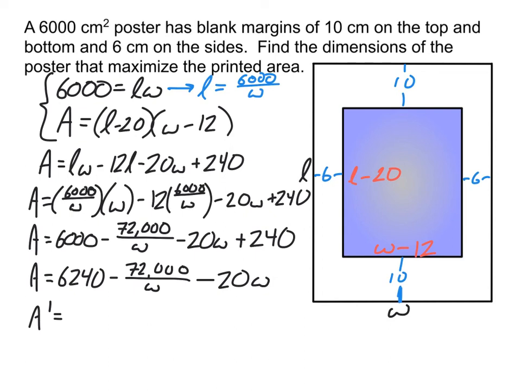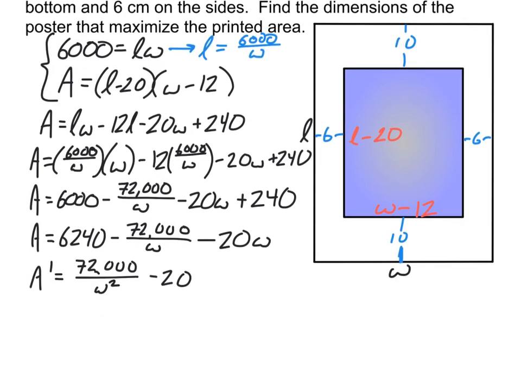Remember that 72,000 over W is the same as 72,000 W to the negative 1. And then we're going to set this equal to 0 and solve from there. Now I'm going to need a little bit more room.